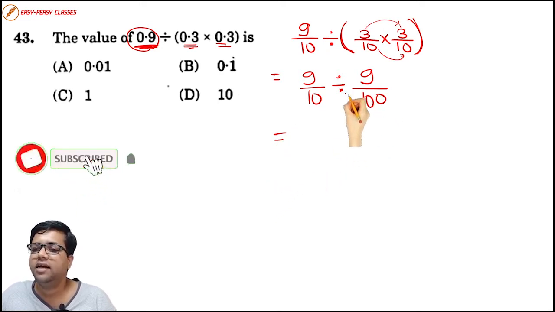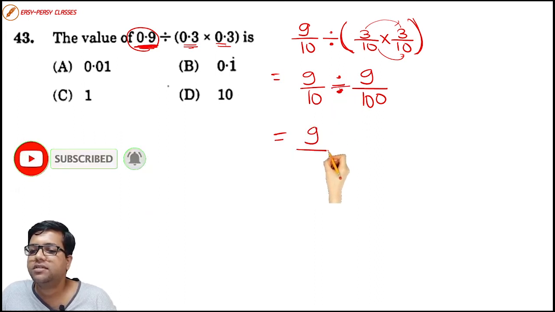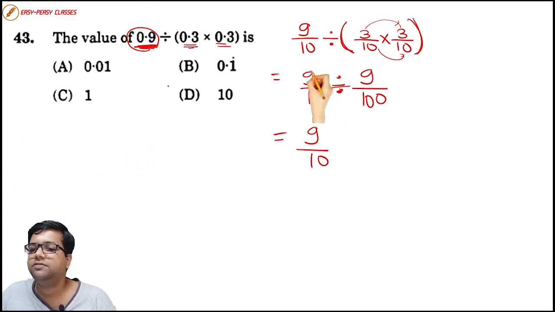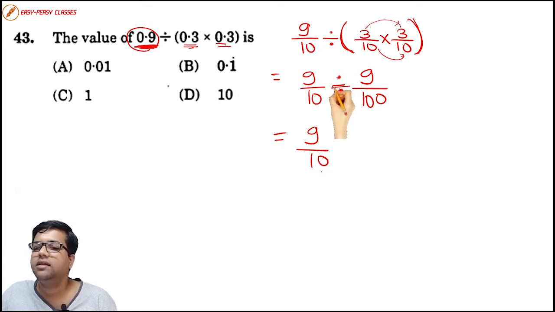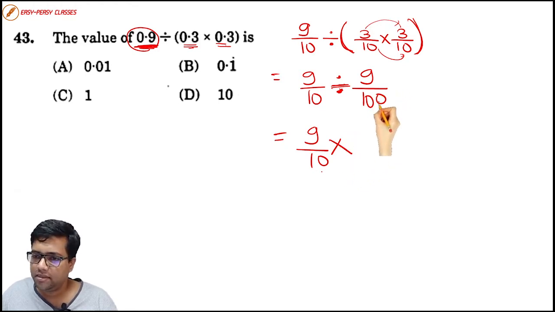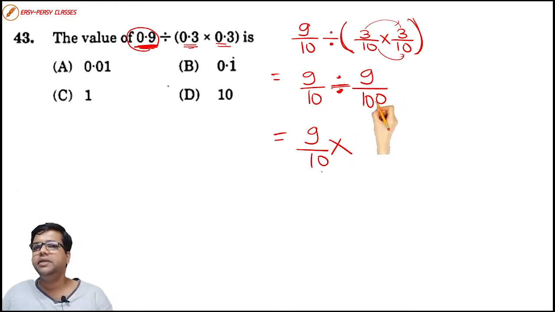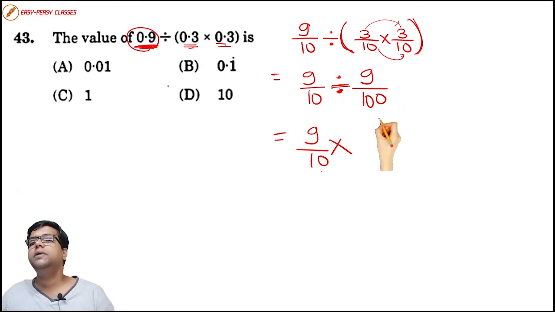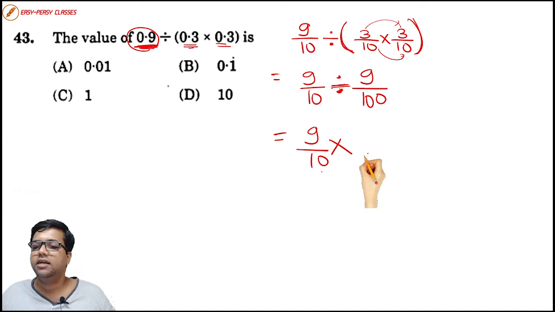Then after that, division symbol is there. When fractions are to be divided, the first fraction, numerator and denominator, will be placed as it is. Then the division symbol will be converted into multiplication symbol. Then the numerator and denominator of the second number from which it has to be divided will be reversed. That means denominator will go to numerator.